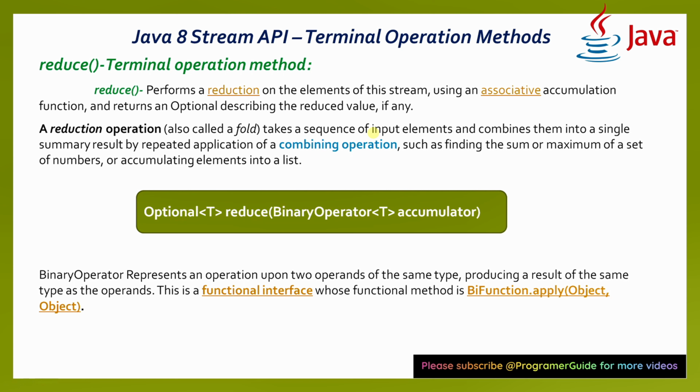Okay. So now coming to reduce: it performs a reduction on the elements of the stream using an associative accumulation function and returns an Optional describing the value as output. Associative is nothing but grouping the same type of data into one place, and reduction is an operation that takes a sequence of inputs and combines them into a single summary result by the repeated application of a combining operation.